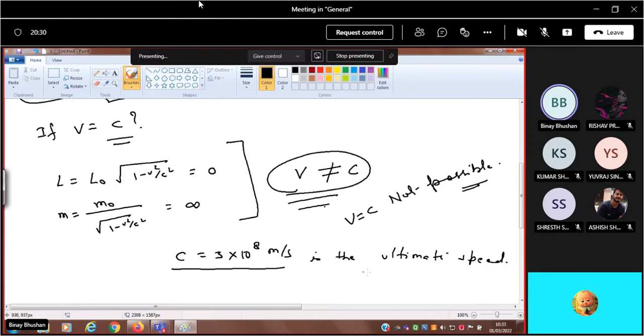Nothing can move faster than this. The speed of light in free space is the ultimate speed. No material particle can move with a speed greater than this or equal to this. That is not possible. So a very important conclusion we have got.